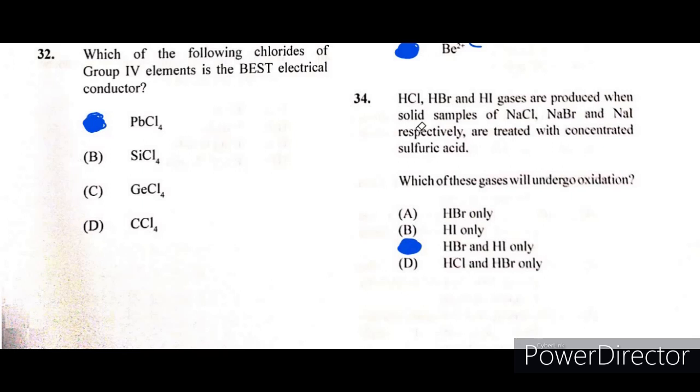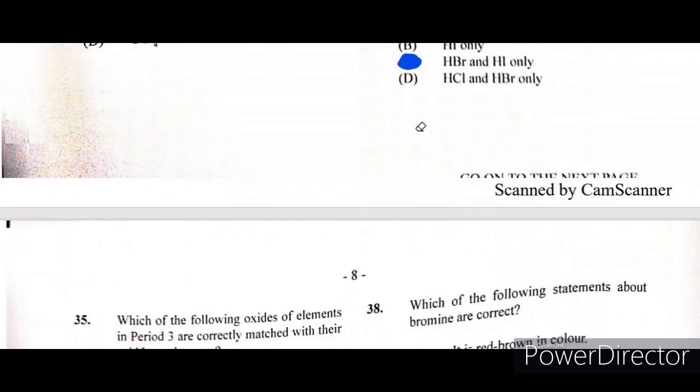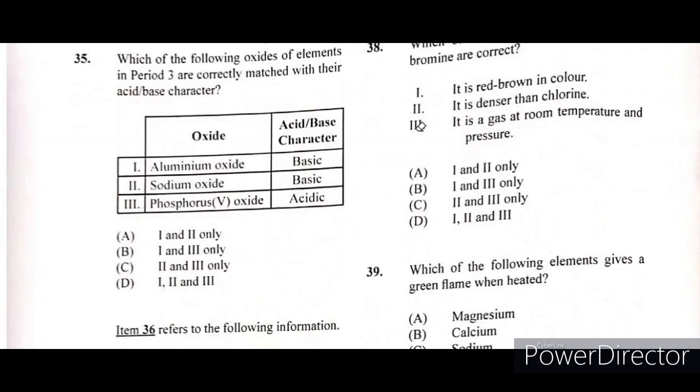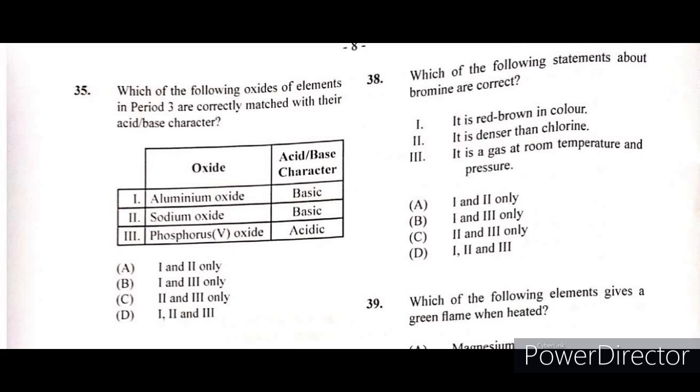It says which of the following oxides of elements in period 3 are correctly matched with their acid-base character. Now we have aluminum oxide, which we know is both acidic and basic. So I don't think this would be suitable, or it's not entirely correct, but yes, sodium oxide is basic and phosphorus 4 oxide is acidic.